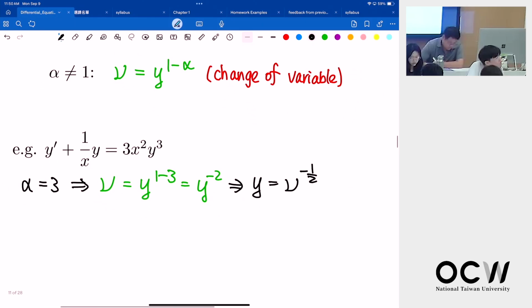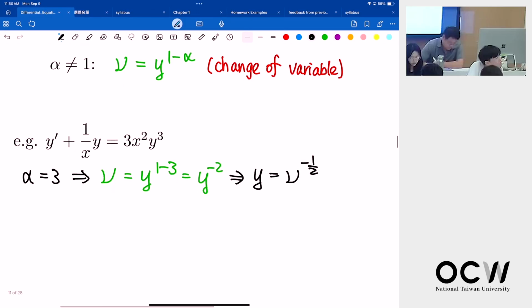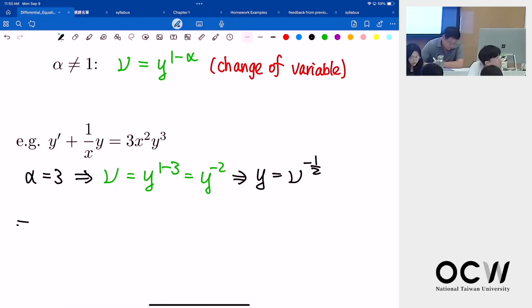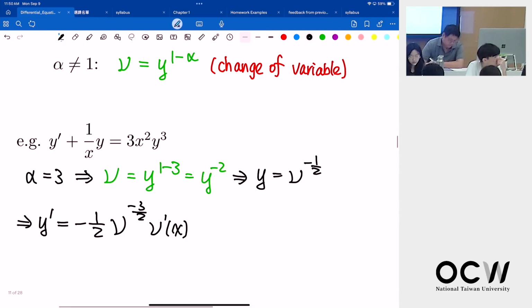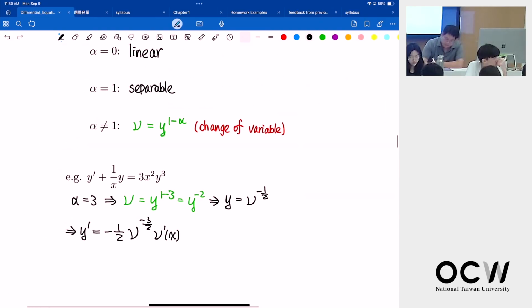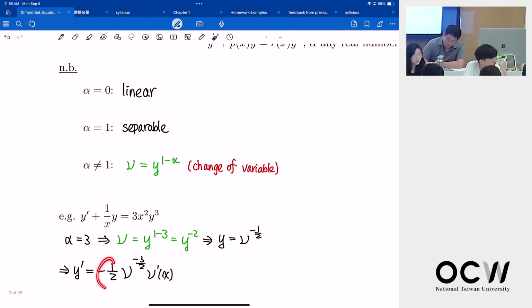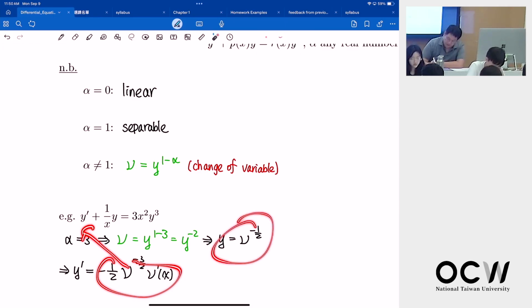And since y equals mu to the minus 1 half, y prime will be minus 1 half mu to the minus 3 over 2 mu prime. Okay, so now we have a y prime, we have a y. Bring it back.